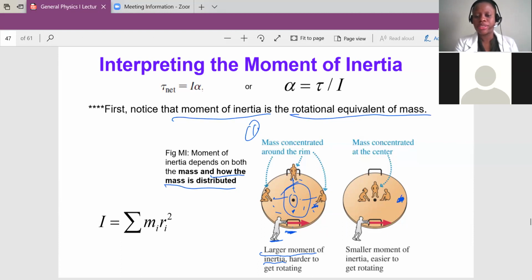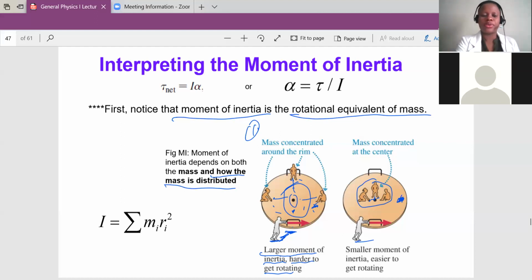Here the moment of inertia is large, so this man has to exert high force, which is torque, to initiate rotation. But where they are clustered together, the distance is small, the moment of inertia is small, and it is easy for the man to initiate torque that will cause the object to rotate.